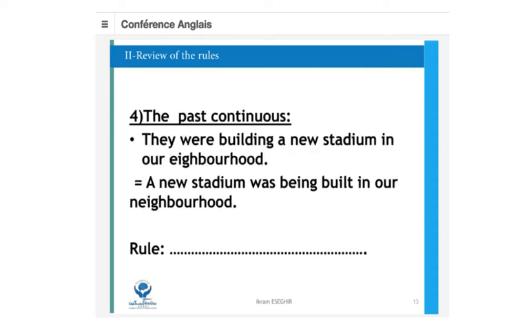That's for present continuous. Past continuous. You have, they were building a new stadium in our neighborhood. So you have was or were plus being plus past participle. That's the rule for past continuous. So if you take this sentence here, they is the subject and it is a pronoun.